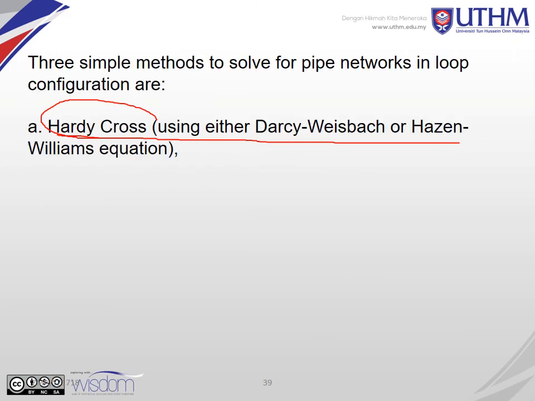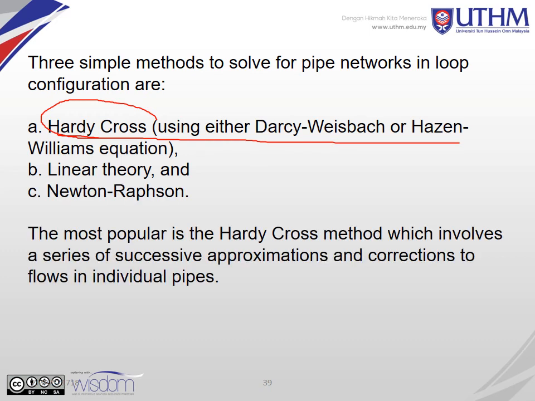There are three simple methods to solve a pipe network in loop configuration. One of them is Hardy Cross, using either the Darcy-Weisbach or Hazen-Williams equation. In this project, for your project group, we use Hardy Cross.